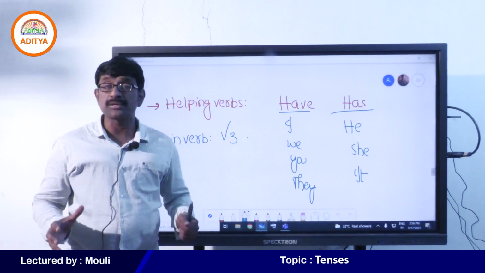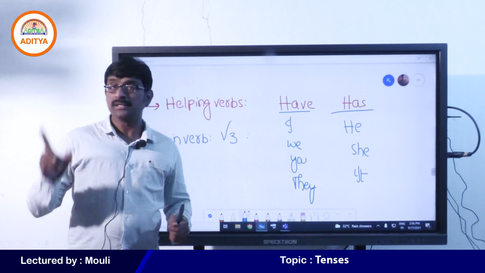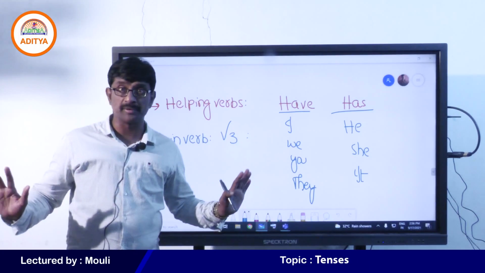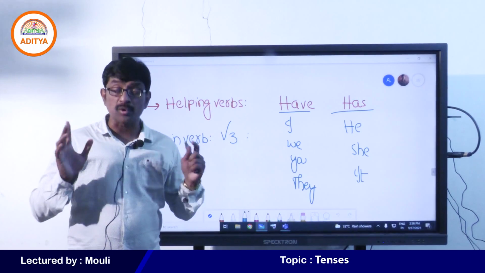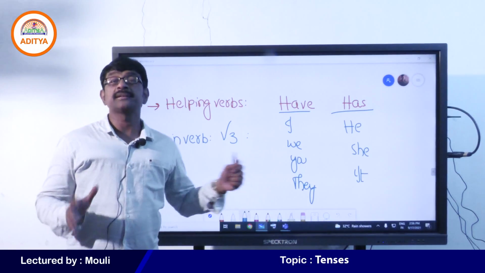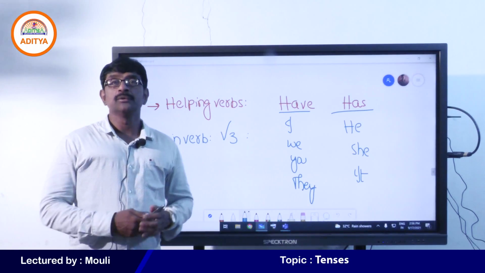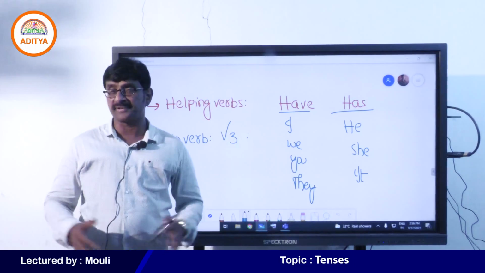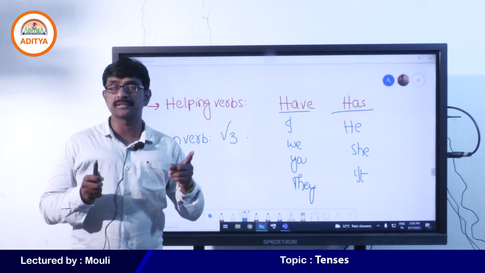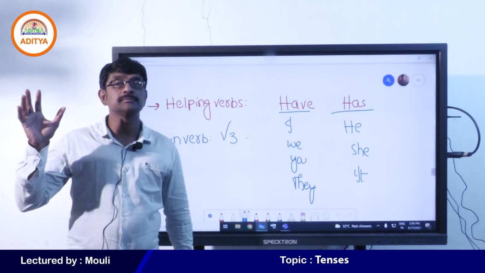So we should be very cautious. In simple present, we used V1 and V5. That is over. And in progressive tense, we used V4. That is also over. And coming to this point, now we are going to use V3 for the very first time. You must know all V3s. Students, go, went, gone.